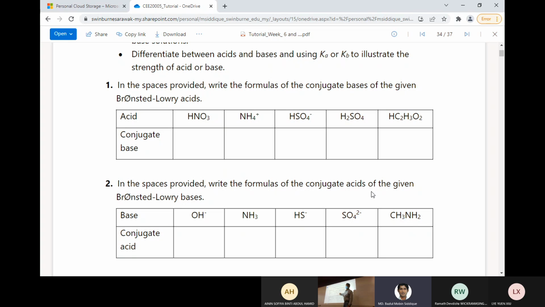So sulfate ion is always doubly negative, right? Because why? I remember now. Do we remember the Lewis structure of sulfate ion? There are 4 oxygens all around it, and there are 2 charges. It is always shifting, right? Sulfate ion.